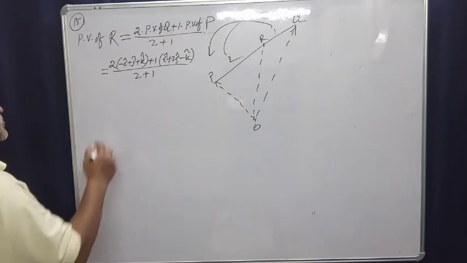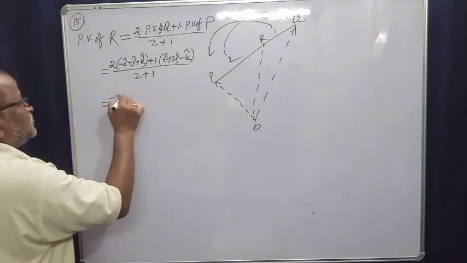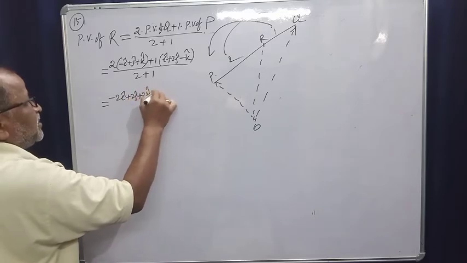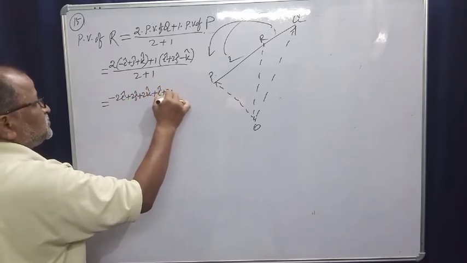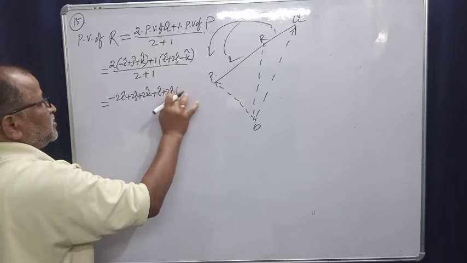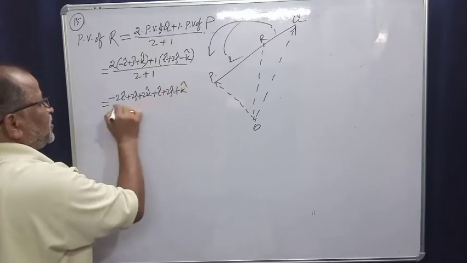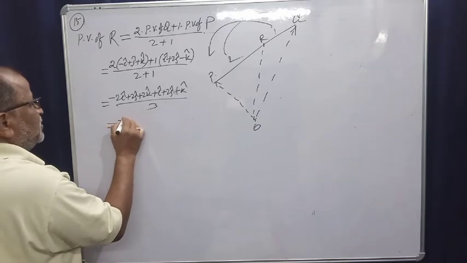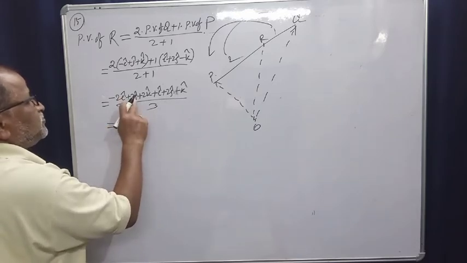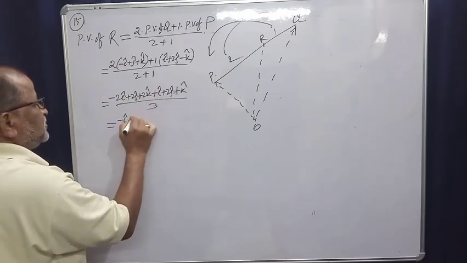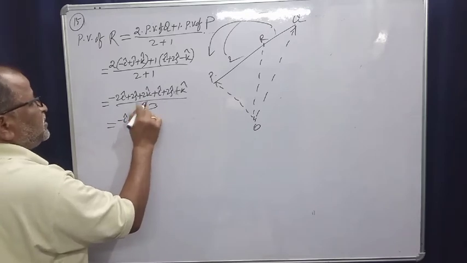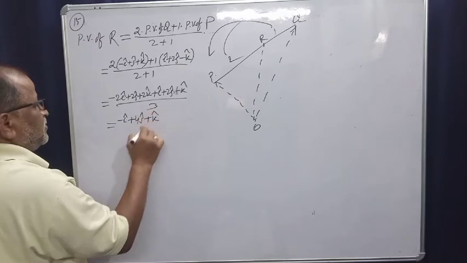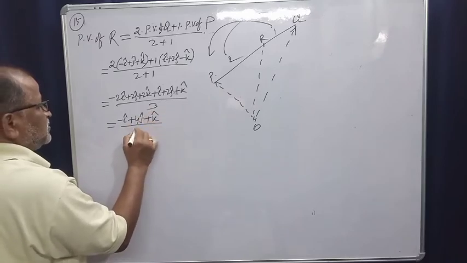right? So this is equal to (minus 2i cap plus 2j cap plus 2k cap plus i cap plus 2j cap minus k cap) by 3. So this is minus i cap, 4j cap, k cap, divided by 3.